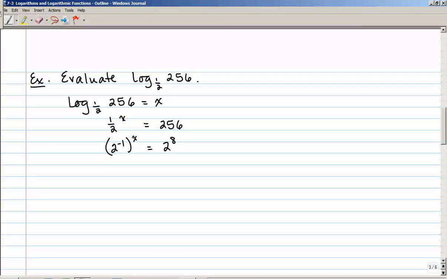So let's multiply our exponents here. So 2 to the negative x power equals 2 to the 8. Remember, if your bases are the same, I can just pull off the exponents. Negative x equals 8, or x equals negative 8. So the trick to evaluating a logarithm like this is to make it equal to x, write it in exponential form, and then solve that exponential equation.